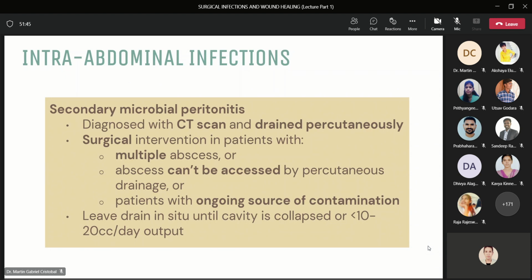A short course of antibiotics with aerobic and anaerobic coverage is given, and the drain should be left in situ until it is clear that the cavity has collapsed or the output is less than 10 to 20 cc per day, there is no evidence of ongoing source of contamination, and the patient's clinical condition has improved.